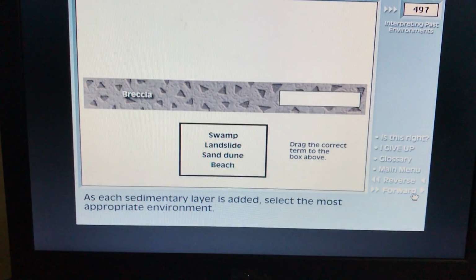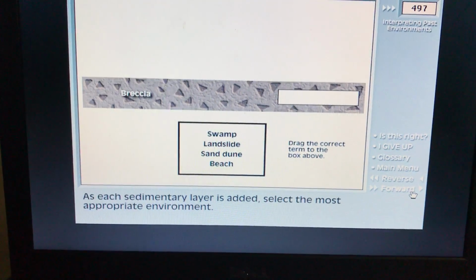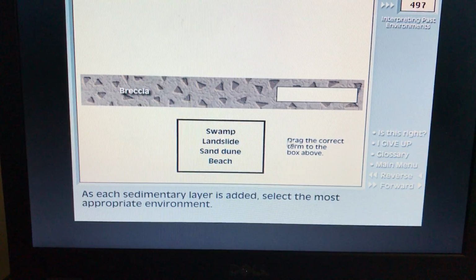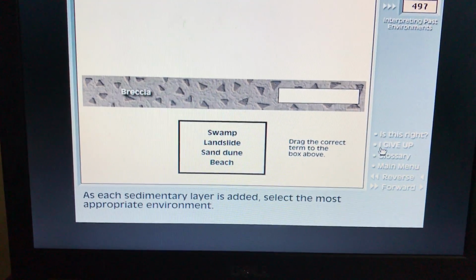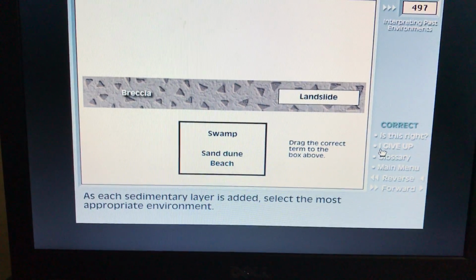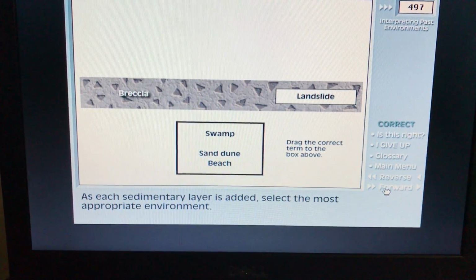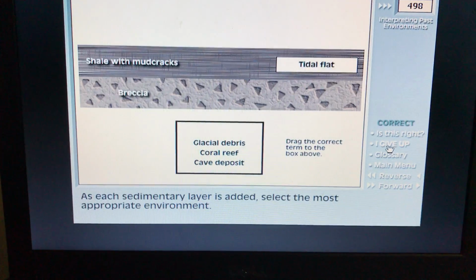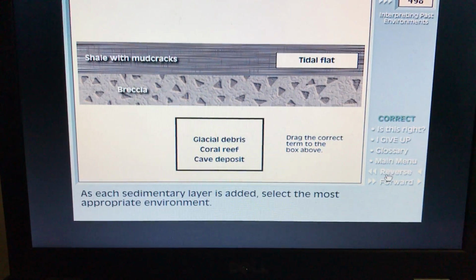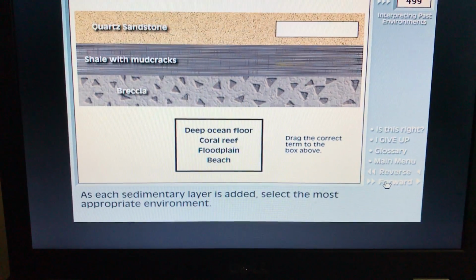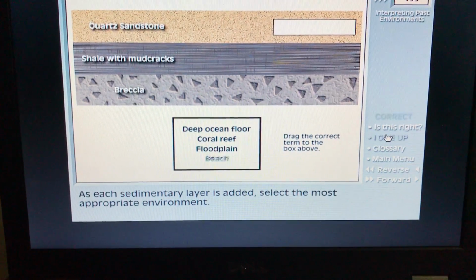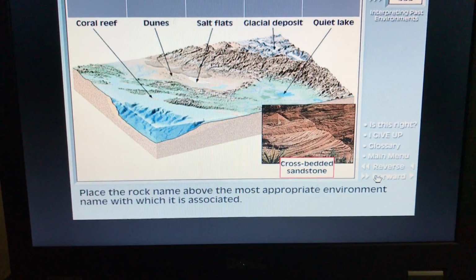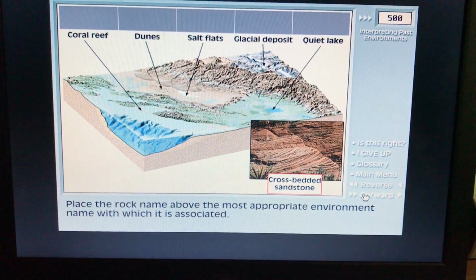As each sedimentary layer is added, select the most appropriate environment. Place the rock name above the most appropriate environment name with which it is associated.